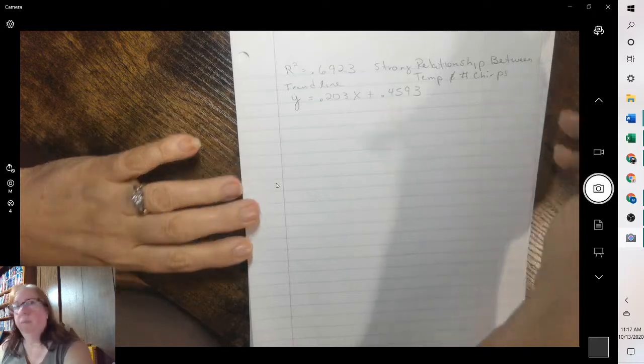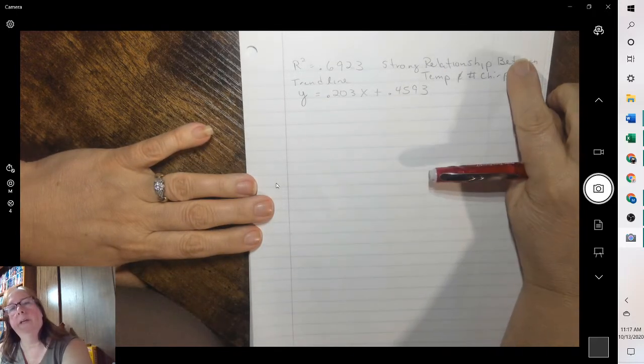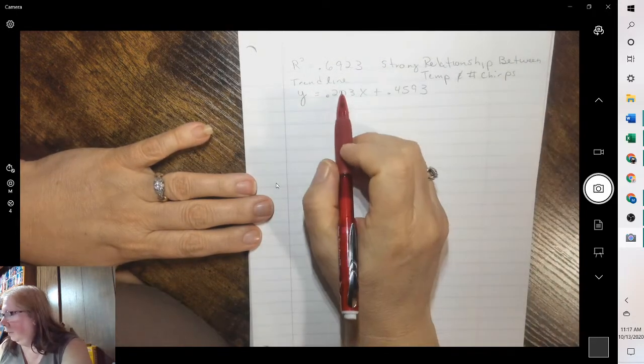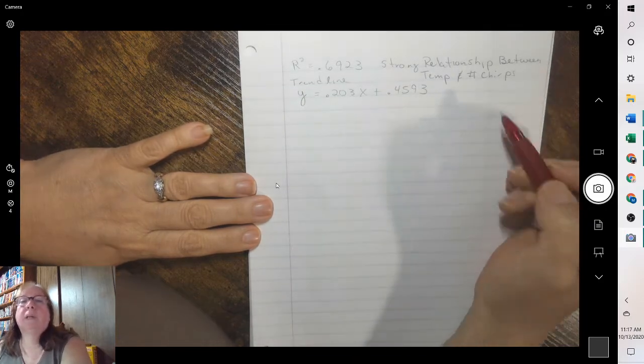We also know it was a positive relationship because it was going up. And that's your slope is positive, so it's going up.